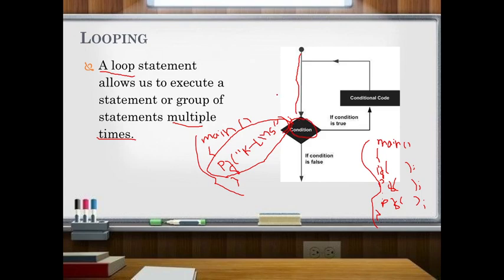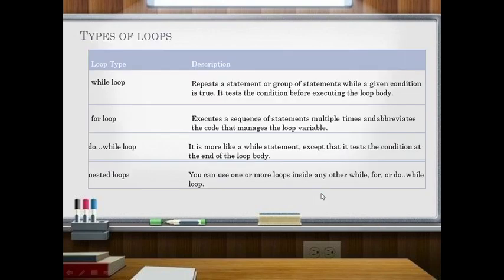For example, if I say print 1,000 times, it checks whether the count has reached 1,000. If the condition is false, it goes outside. If the count is still less than 1,000, you go back and execute the same statements repeatedly. If it crosses 1,000, the condition fails and it comes out of the loop. That is what we call looping.